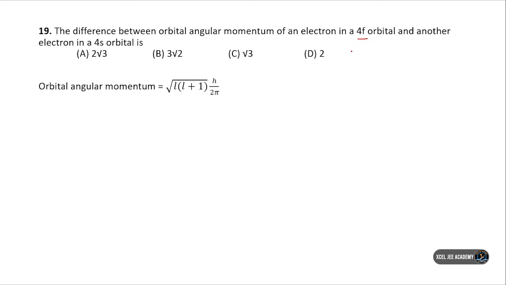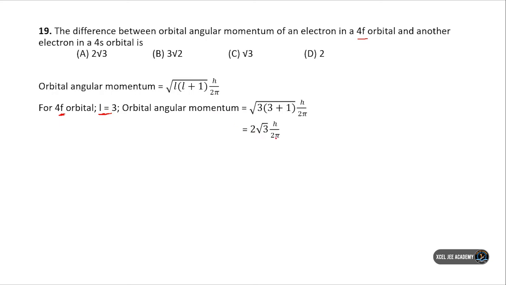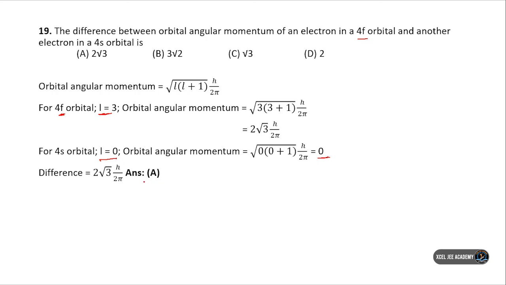So for the 4f orbital, the orbital angular momentum will be equal to under root of 3 into 3 plus 1 into h by 2 pi, since for the f orbital we know that L is equal to 3. So the orbital angular momentum will come out to be 2 under root 3 h by 2 pi. For the 4s orbital, L is equal to 0, so the orbital angular momentum will be equal to 0 in this case. So the difference between the orbital angular momentum will be equal to 2 under root 3 h by 2 pi. So our answer is option number A.